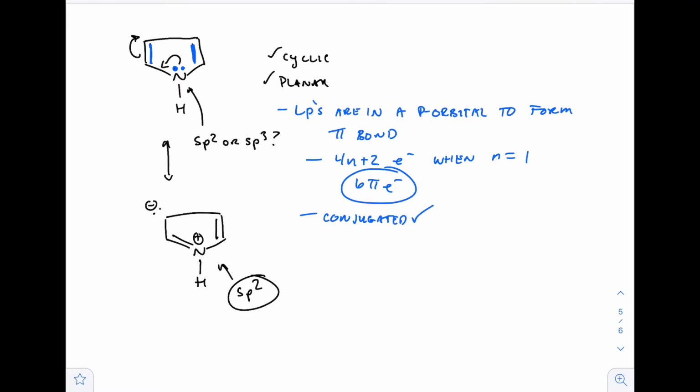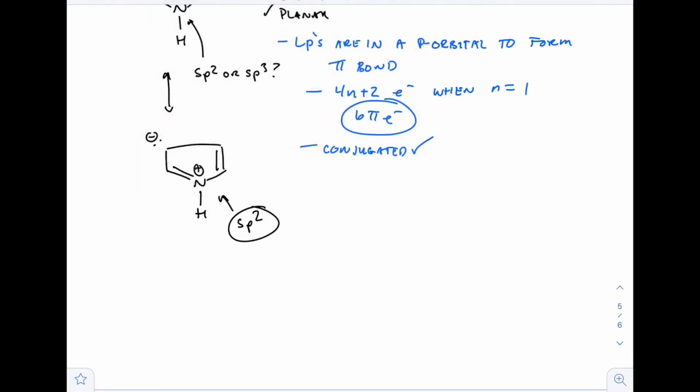Okay, so what we've got is 6 pi electrons. It's conjugated, it's cyclic, and it's planar. So therefore, it is aromatic. And notice the difference between the two, right? I already told you that the pyrrole has the lone pair and 3 bonds to that nitrogen, while the other one had a lone pair but 2 sigma bonds and 1 pi bond.